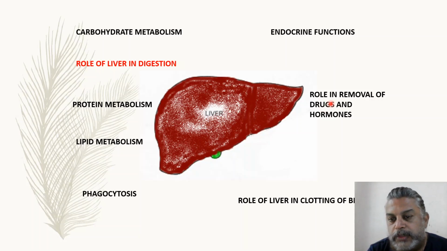So if a drug which is usually excreted in the hepatic route and the hepatic parenchymal disease is there, then the chances of toxicity at that particular dose is very high. So we should also know the ways of excretion of a particular drugs and hormones. Of course, it is a major organ in the clotting of blood.